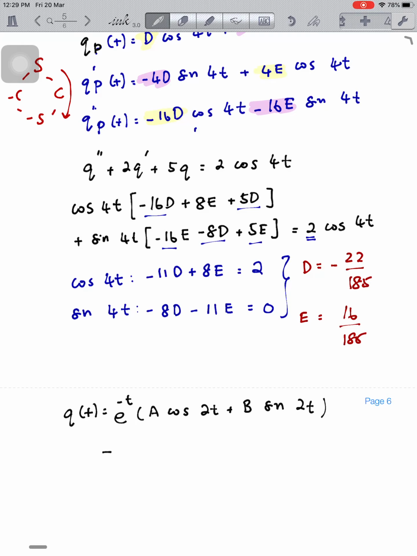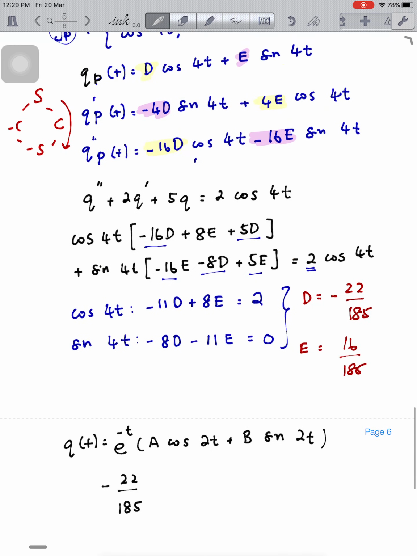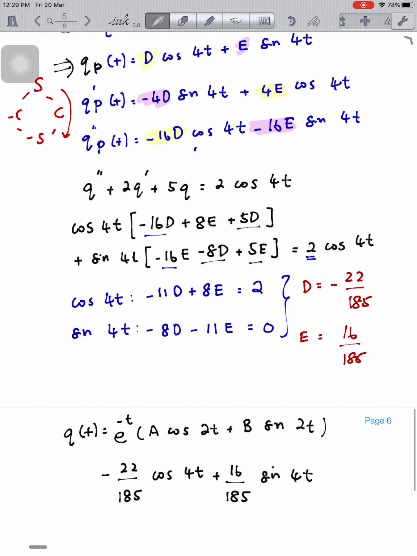And plus my YP, which is going to be given by a minus 22 over 185 of cos 4t, plus 16 over 185 of sine of 4t. So that's going to be Q of T.